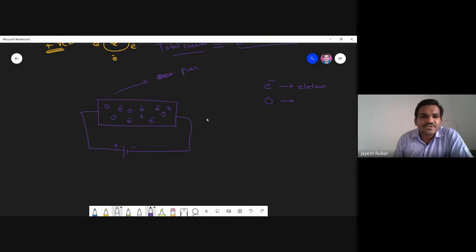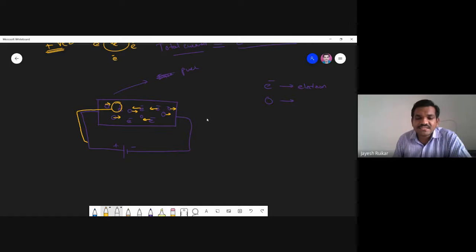Electrons, because they are negatively charged, are attracted towards the positive terminal of the battery, so they all start moving towards it. Holes, being positively charged particles, start moving towards the negative terminal of the battery. This is how the conduction takes place.